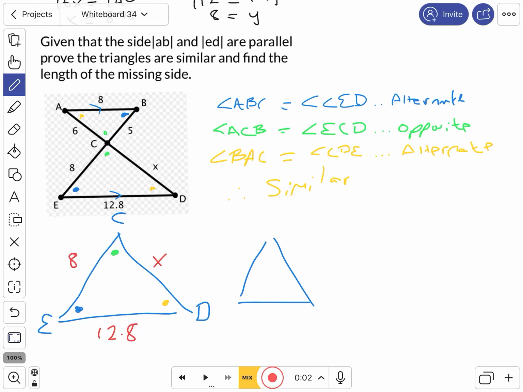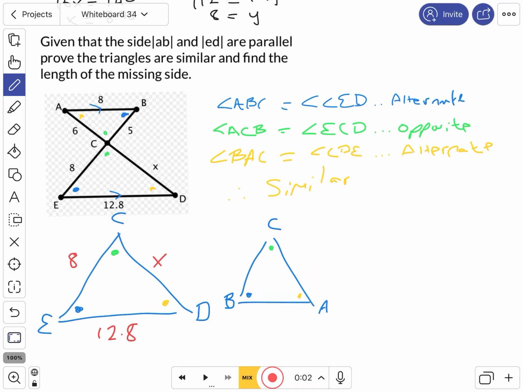I know that the angle E is the blue one, so that's the same as B. I know that then the green angle is the top one, that's at C. And I know the yellow angle is to the right, and that's A. So it makes it much easier when you're using colours to see it. So I'm going to put that colour dot there, and that colour dot there. And then I can label this in.